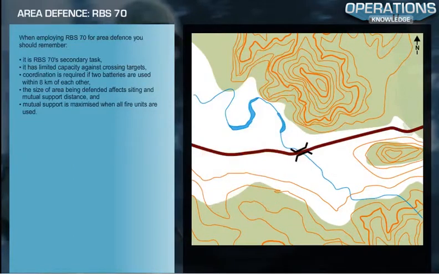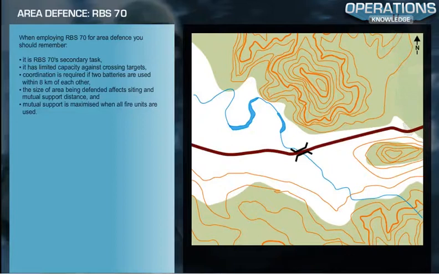Area defence is a secondary task for RBS-70. The characteristics of the RBS-70 weapon system give it a limited capability against crossing targets and make it generally less suitable as an area defence weapon. If 2 batteries are utilised within 8 kilometres of each other, there may be a need to coordinate their area defences.